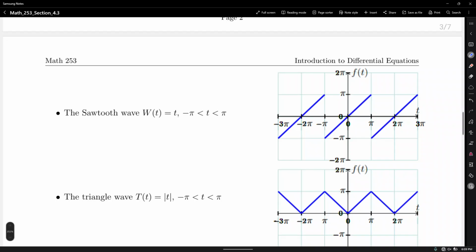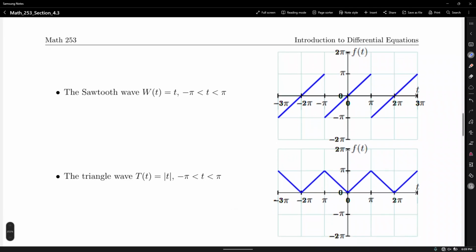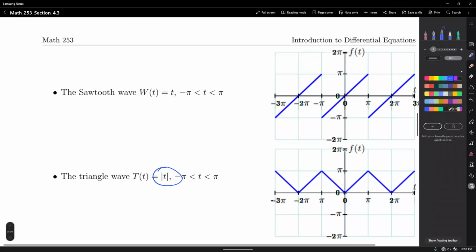We have another one, the triangle wave. They also call it the tent function because it looks a lot like a tent. That's actually the absolute value of t, the V-shaped graph. This gets just repeated and repeated.